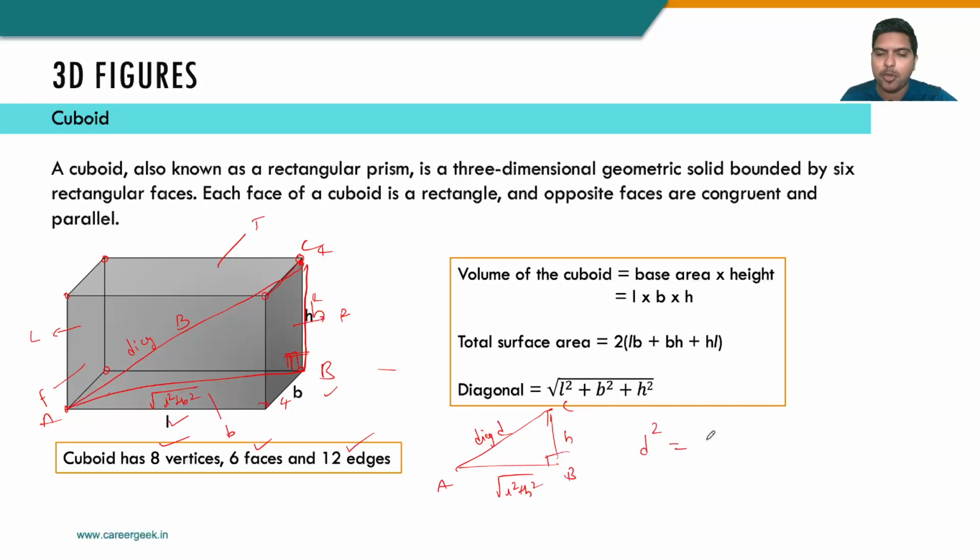D square, hypotenuse square, is H square plus square root of L square plus B square whole square. So we know that square and square root get cancelled. What we get? L square plus B square plus H square, which is D square. So D is square root of this. Again, this is the derivation, not very important. You can learn it by heart, okay, or remember the formulas.